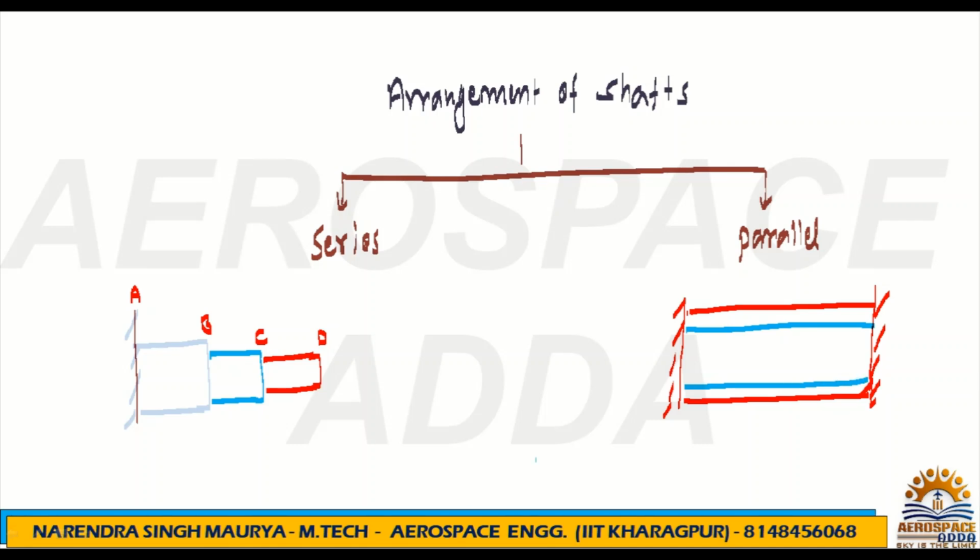Two shafts we have. One is A, B, C, D. This is the one shaft. Another shaft is P, Q, R, S. See, both are fixed at the same ends.